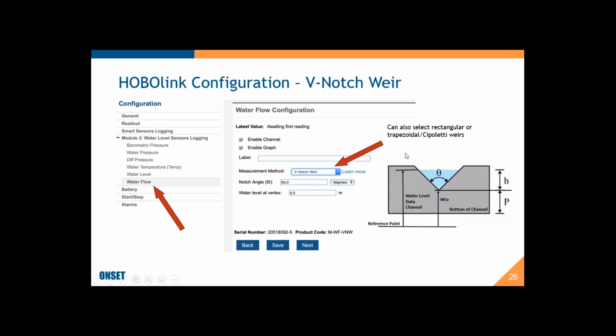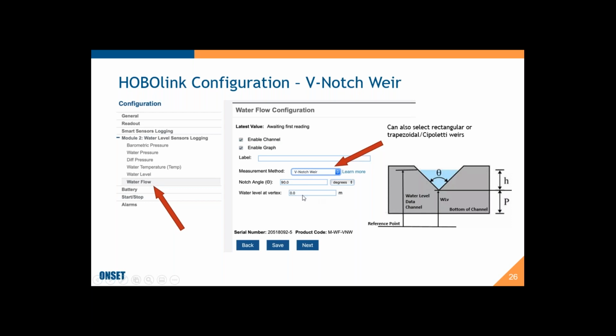We support 3 types of weirs: rectangular, trapezoidal, and Cipolletti, which are really the same, as well as V-notch weirs. You select that here, and then depending upon what type of weir you select, you get different options. In the case of a V-notch weir, you enter the angle of the weir. 90 degrees is a pretty common one, so you enter that in.